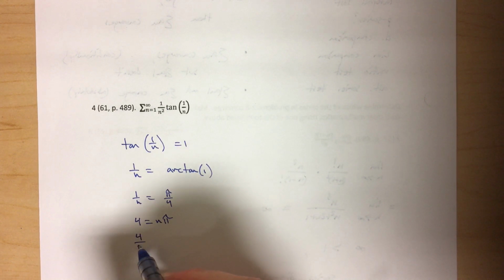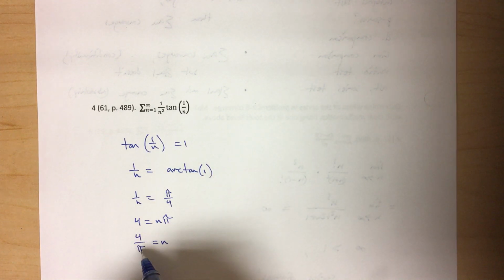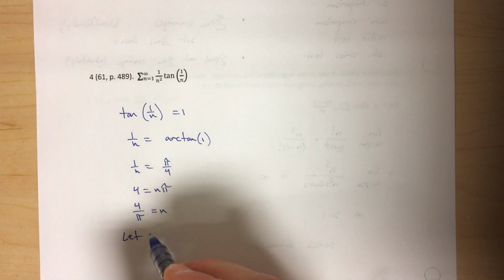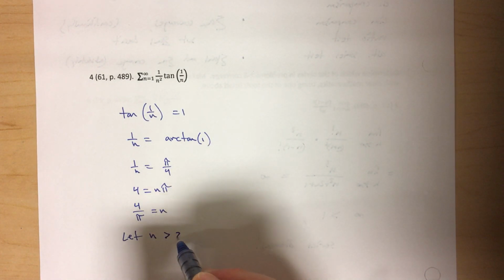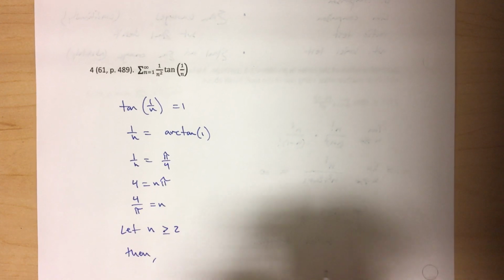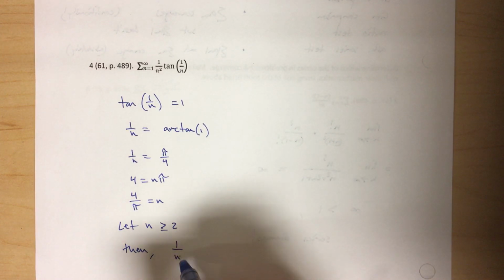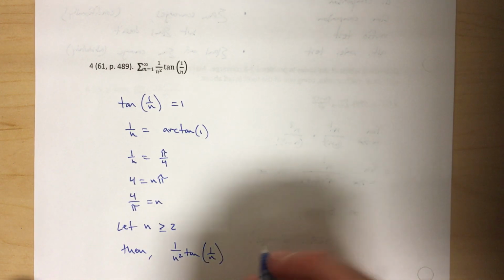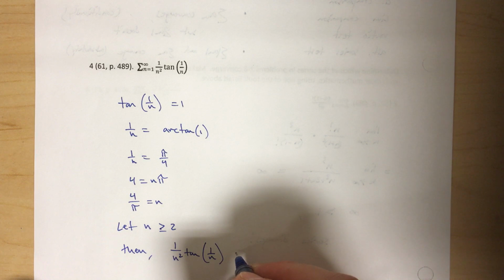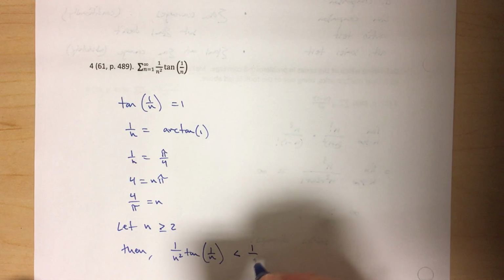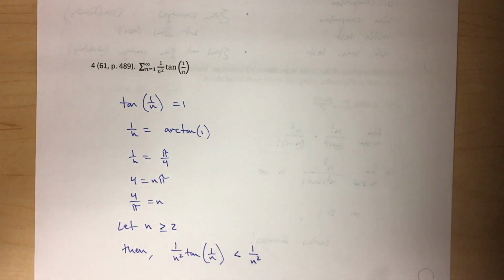And so 4 over pi is equal to n. Now that is between 1 and 2. So let's let n be greater than or equal to 2. Then I'm going to claim that 1 over n squared tangent of 1 over n is actually less than 1 over n squared.